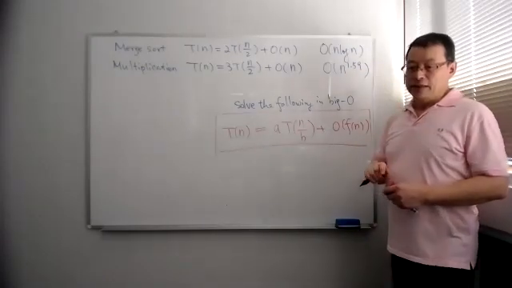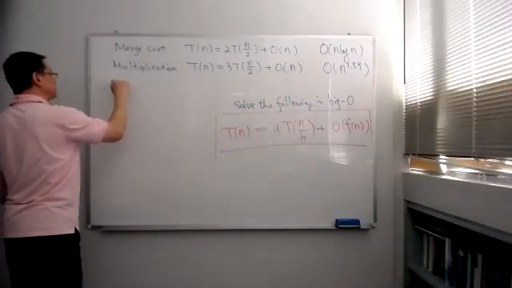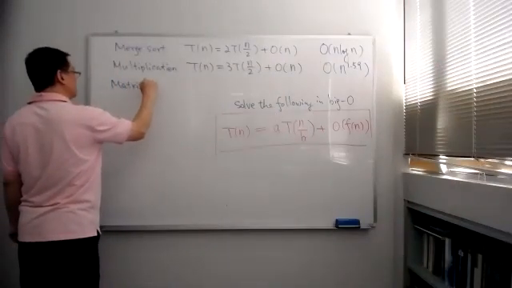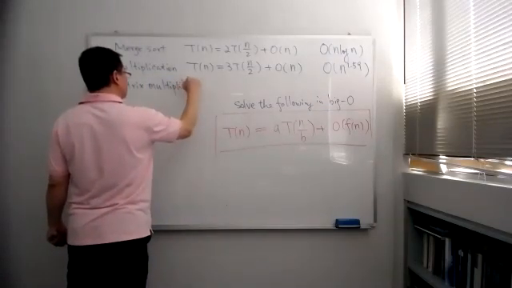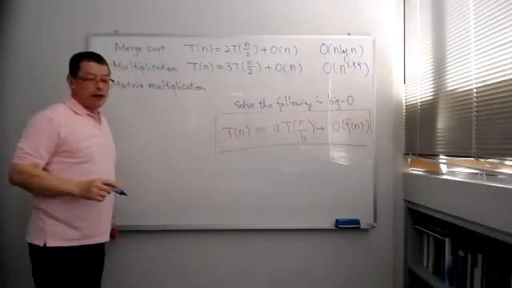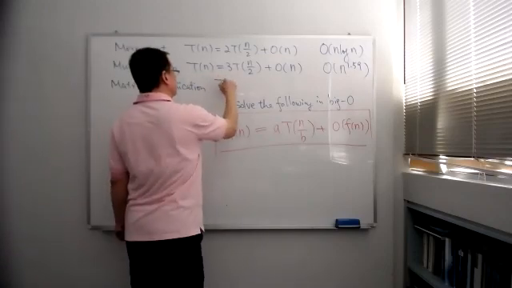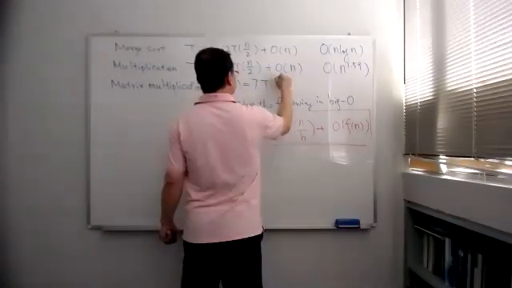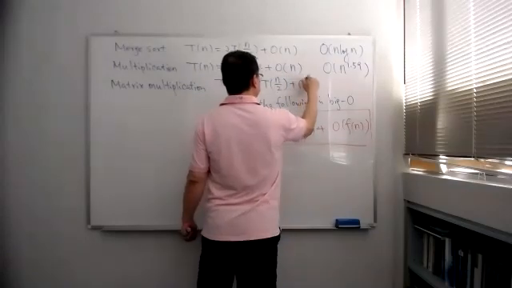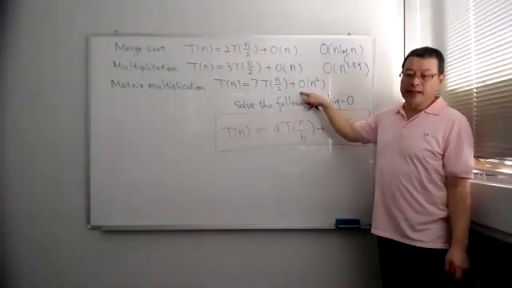One more example, matrix multiplication. For matrix multiplication, one can get the following recurrence based on the divide and conquer idea.